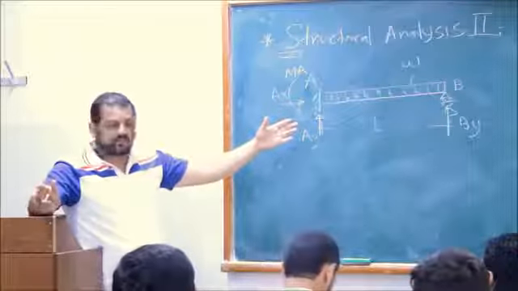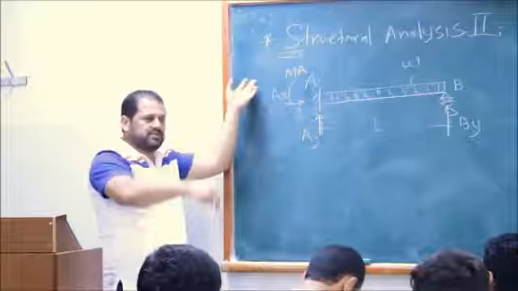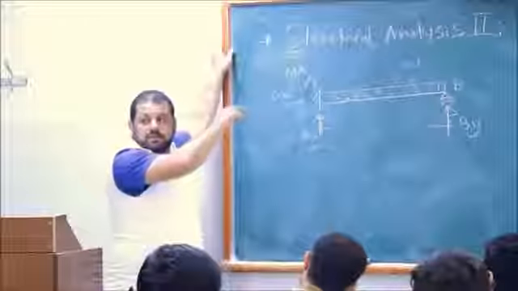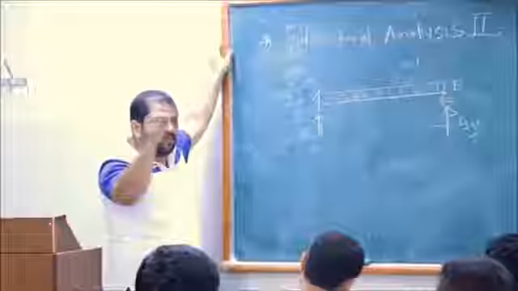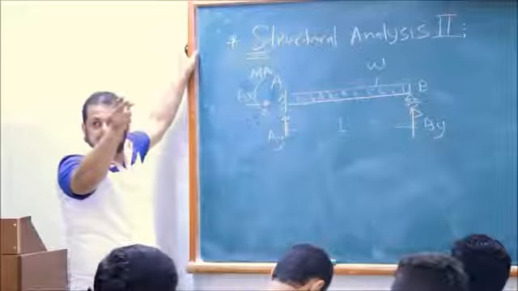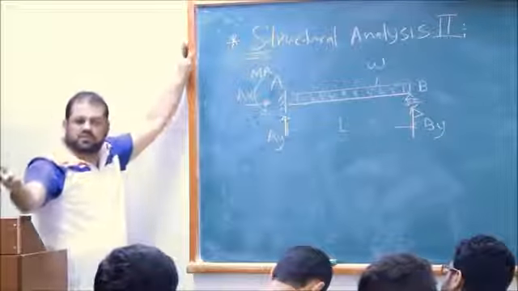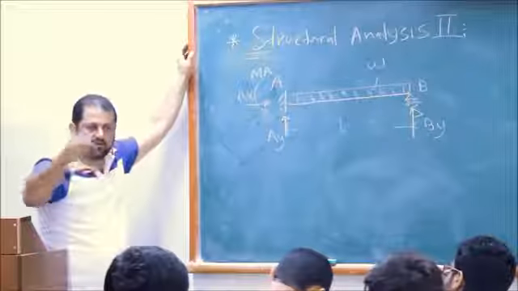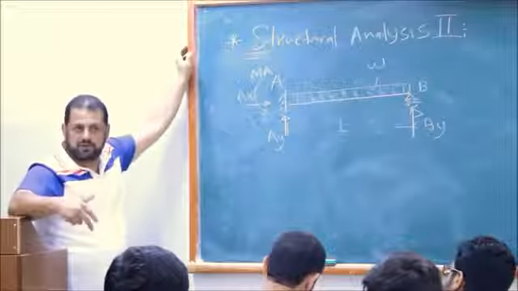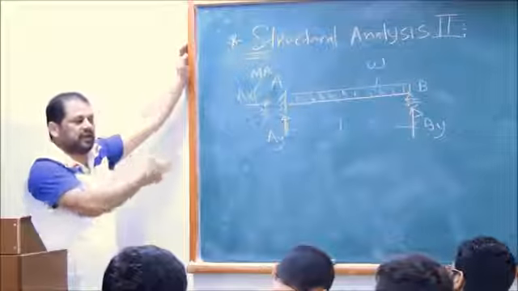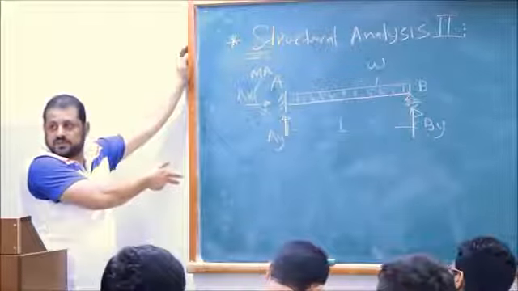You will see. The first thing you do in your senior design project is finding the load on the ribs. The ribs are all continuous, so they are indeterminate. So you learn this technique and you use the software. But by learning this, you can tell whether the software solution is right or wrong. That's why we are learning these concepts.